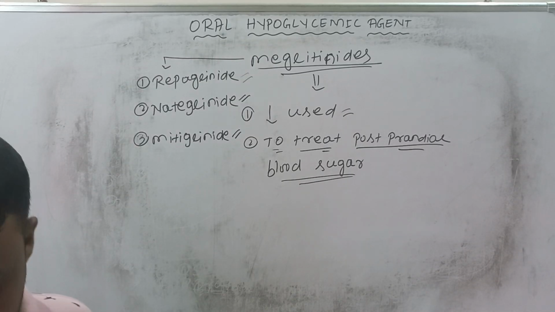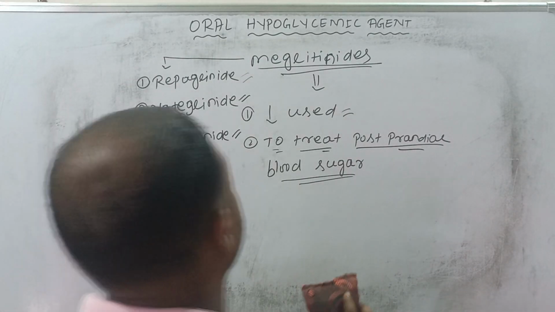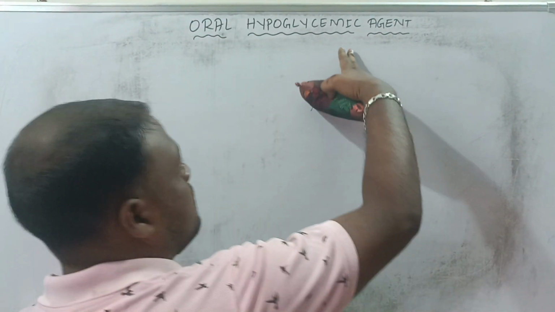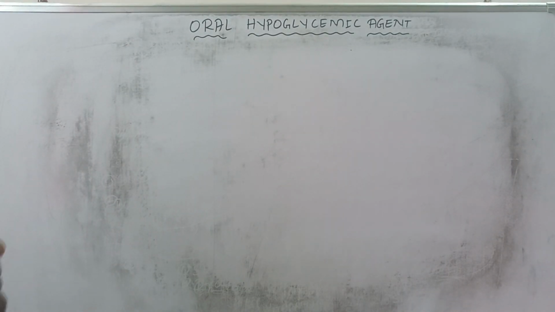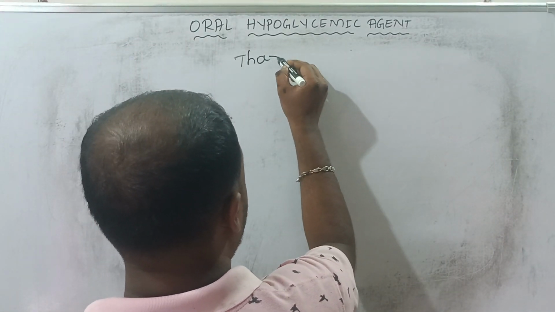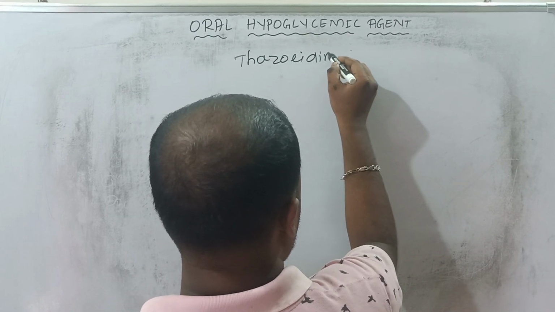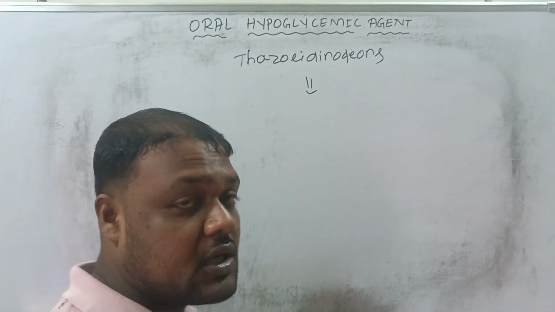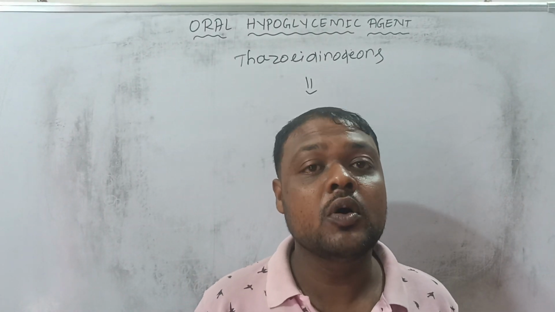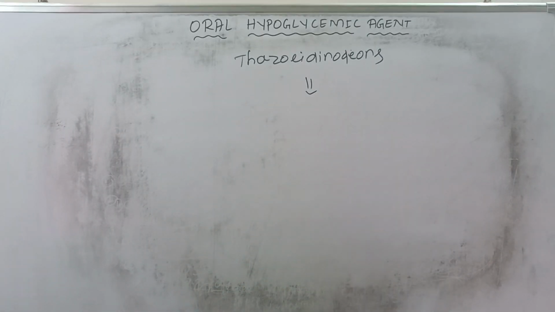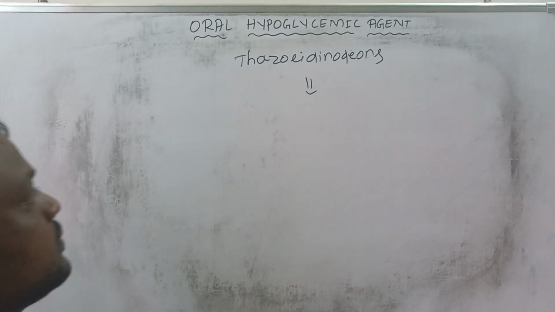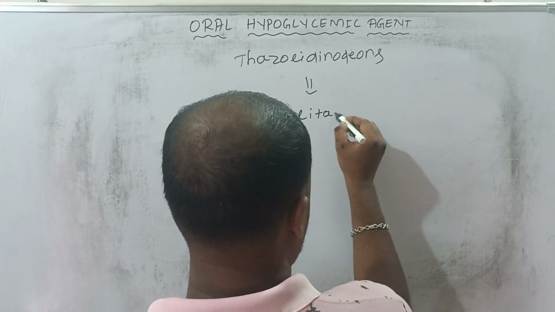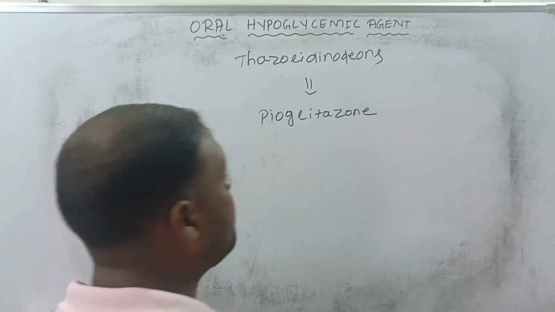Then thiazolidinediones. The thiazolidinedione is another type of oral hypoglycemic agent, that is pioglitazone.